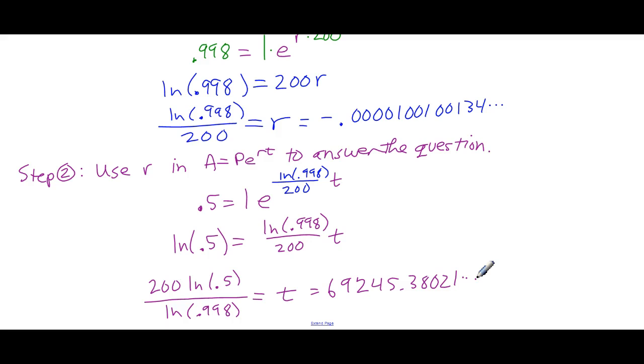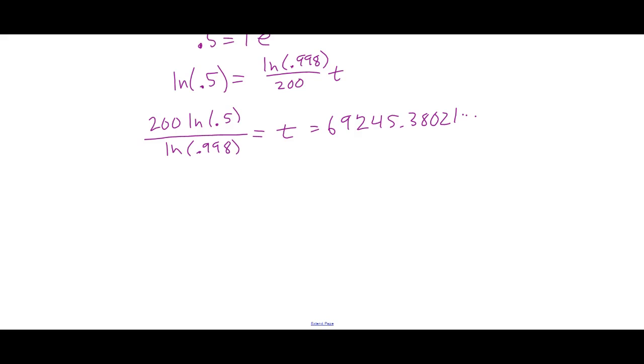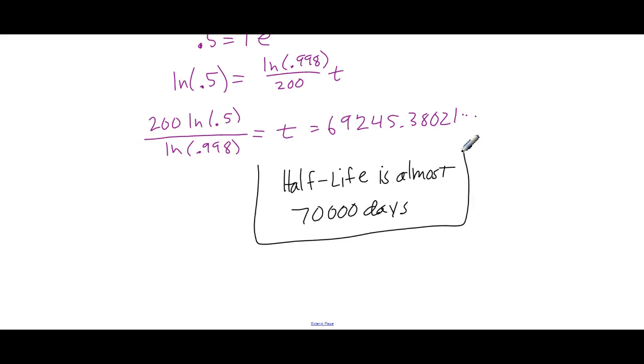So whatever the substance is, it could be a brand new discovery nobody had ever heard about before. By waiting 200 days, only 200 days, we can tell that it's going to take almost 70,000 days to decay to half. So the half-life, we could report to our friends, we've discovered this stuff, the half-life is almost 70,000 days, even though we only waited 200 days.